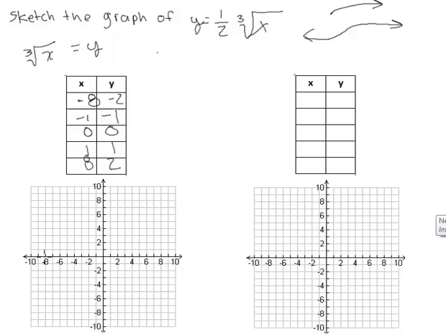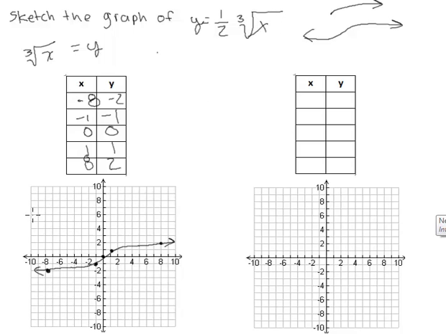So now I'll plot those points: -8, -2, -1, -1, 0, 0, 1, 1, and 8, 2. And so our cubed root function looks like that.